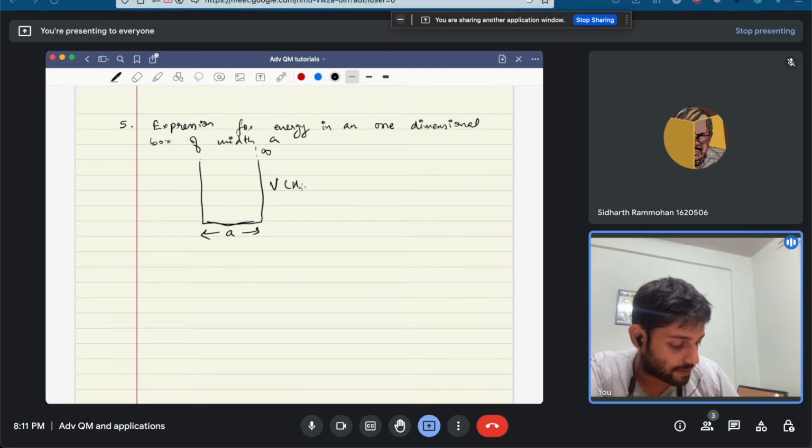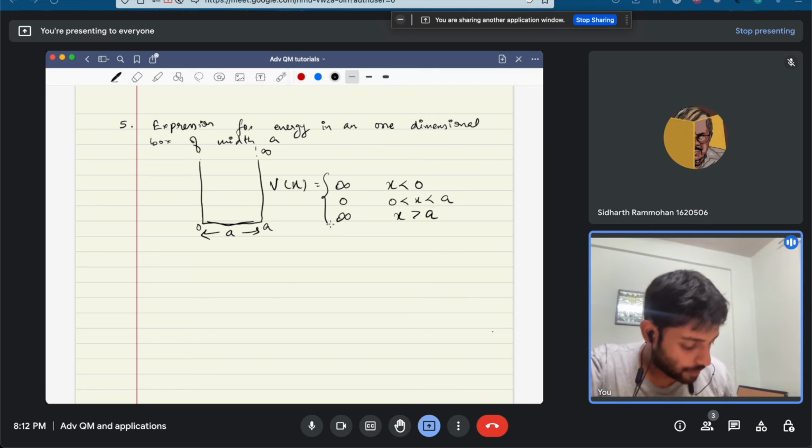So V of x can be defined as infinite, 0, and infinite in three regions. So let's say this is 0, this is A. When x is less than 0, it's infinite. When x is between 0 and A, it's 0. And otherwise, x greater than A, it's infinite.